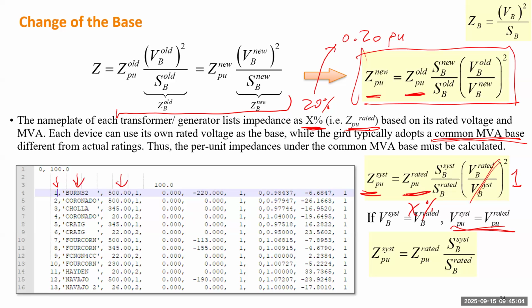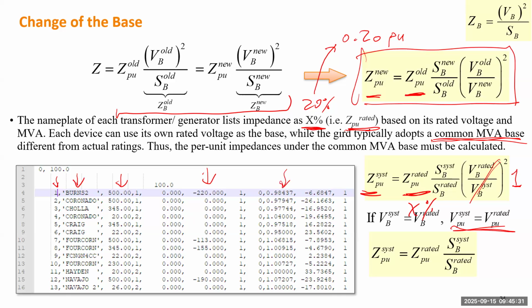This column indicates 500, 345, those are just the voltage levels, their rated voltage. Of those numbers, you see some negative, some positive. That should be power, either load or injection.